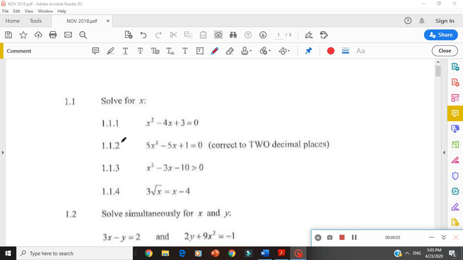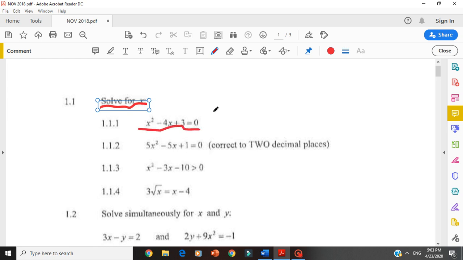Today we'll be looking at more further examples for algebra. So the first thing we'll be doing is solve for x. In this particular problem, in question 1.1.1, we have x squared minus 4x plus 3 equals 0. The first thing you're going to do is factorize this into x minus 3 and x minus 1.